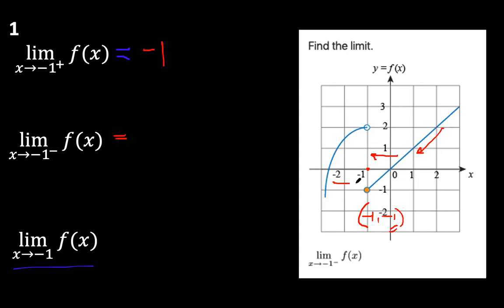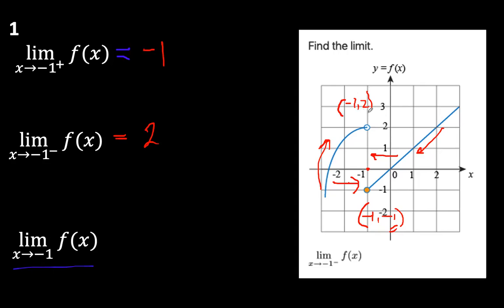We're talking about this direction, and we are going to consider this graph. Where does this graph approach? It approaches the point negative 1, 2. So therefore, the limit of f of x as x approaches negative 1 from the left is equal to 2. Why 2?